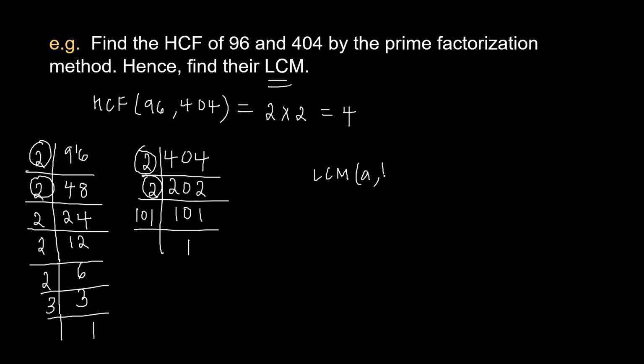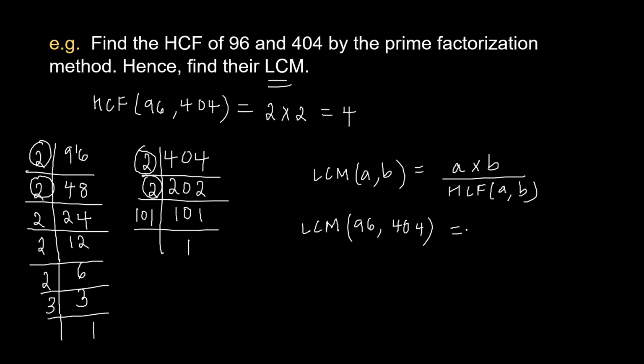LCM of A comma B is equal to A into B upon HCF of A comma B. So suppose A is 96 and B is 404 as per the question. So LCM of 96 and 404 is equal to 96 multiplied by 404 upon HCF of 96 and 404.